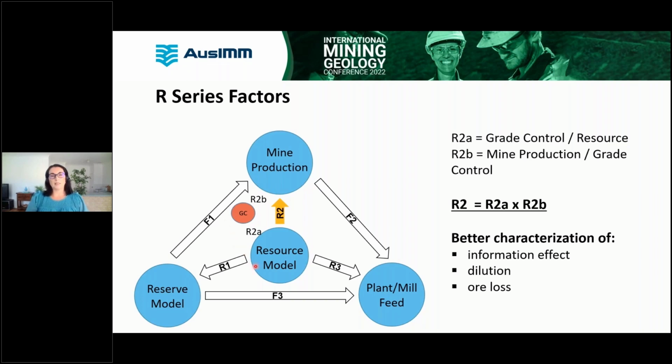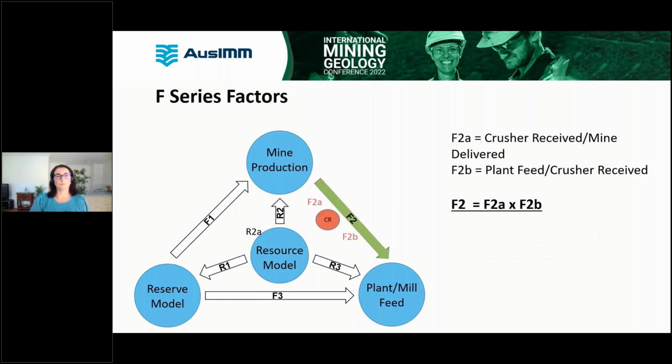It helps us understand the information effect, so that extra drilling to the grade control model, and then that dilution or loss between what we planned and then what we actually mined, just to give us a little bit more optimization analysis. Just as another example, similar subdivisions are likewise possible at the processing plant, and I've put in a crusher received, so the crusher weightometer here.